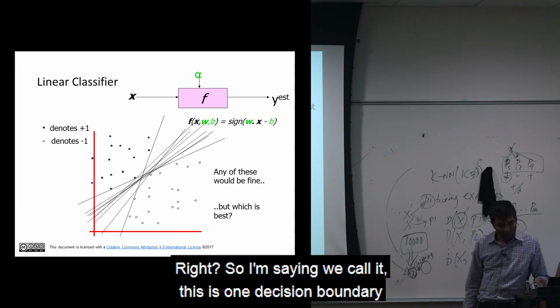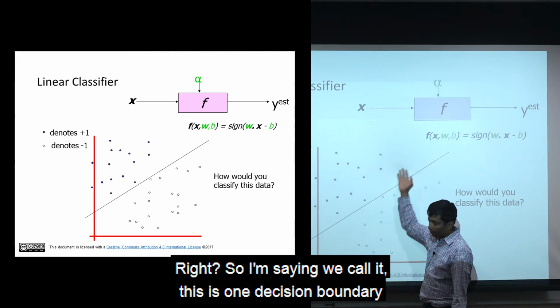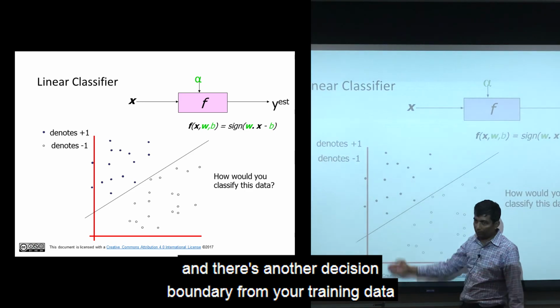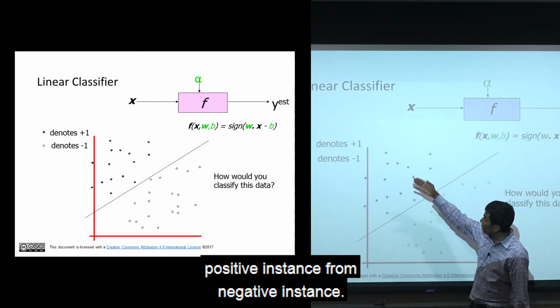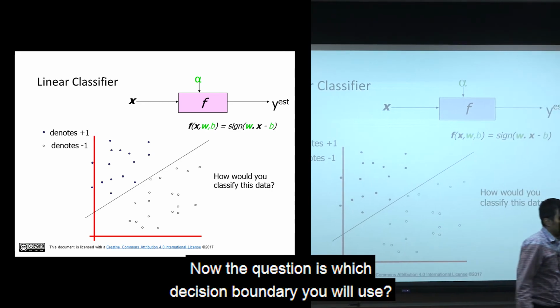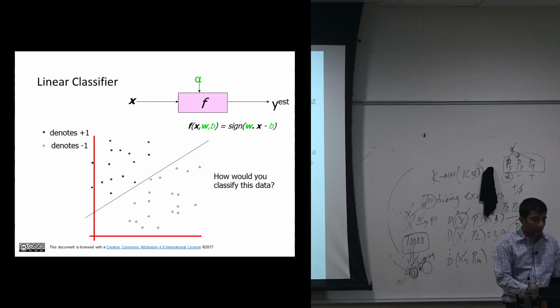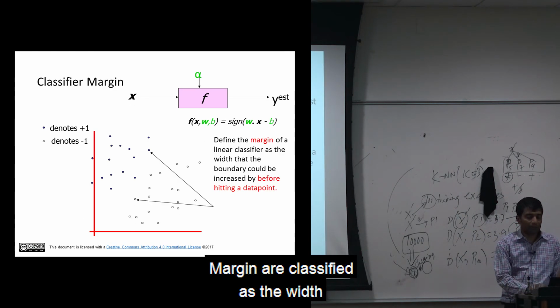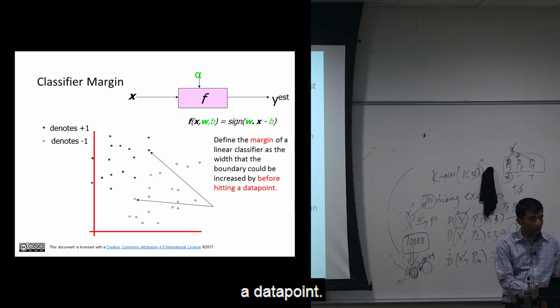This is one decision boundary, and there is another decision boundary from your training data that separates the positive instances from the negative instances. Now the question is which decision boundary you will use. For that we define the margin of a classifier as the width that the boundary could be increased before hitting a data point.